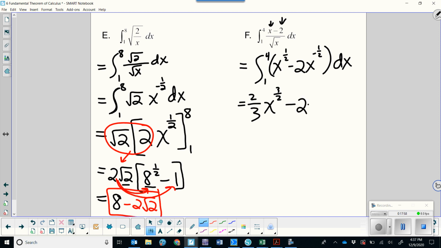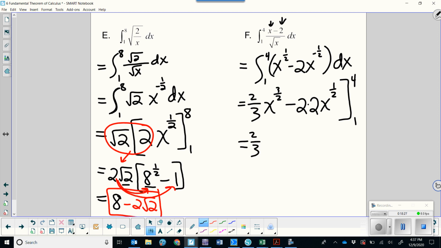I'm going to leave a little space, and I'm going to have x to the positive 1/2 divide by 1/2, which is times 2. And then I am going from 1 to 4. Okay, so this time the constants are not the same for each one, so I'm just going to leave the constants tagging along because I really can't make that any easier. So I'm just going to write it as I plug it in.